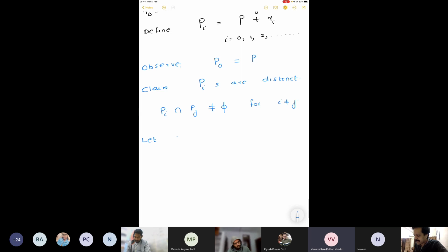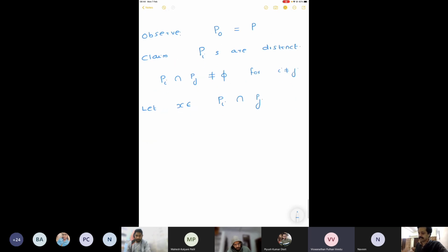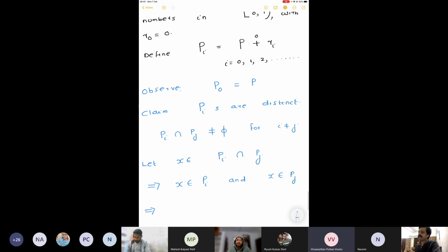Let x be in Pi intersection Pj. Suppose such an x exists. That will imply x is in Pi and obviously x is in Pj. Now, what is the meaning of x is in Pi? x will be an element in P, special translated with Ri.